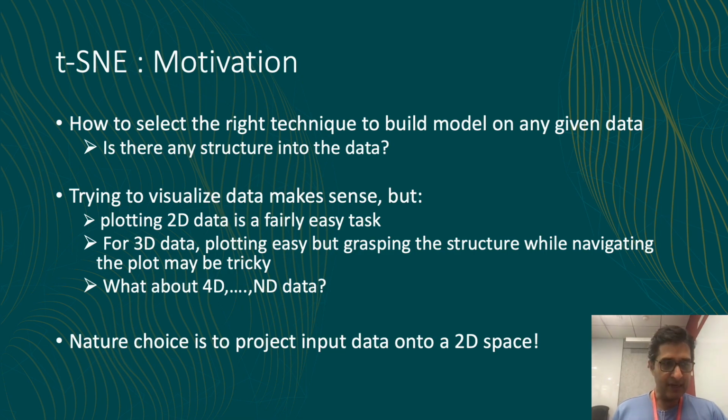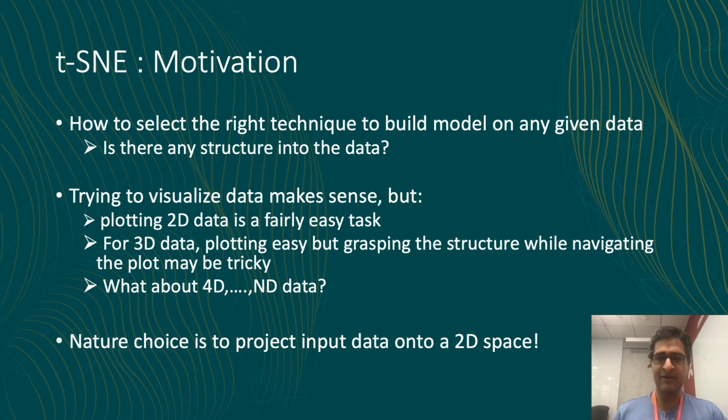In trying to do that, the best way that humans can build an intuition around data is by visualizing it. If this data were in 2 dimensions, it's easy for us to visualize, right? It's a fairly easy task. For 3 dimensions, yes, you could probably build some fairly advanced visualization techniques, and given today's AR, VR technology, you could potentially visualize this data quite well.